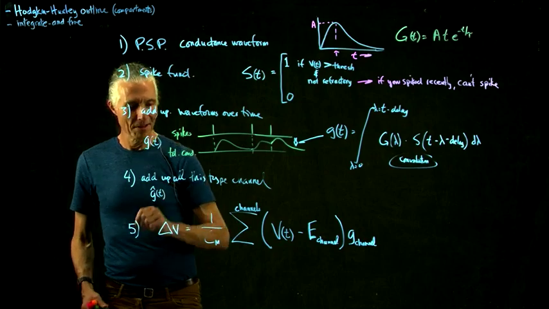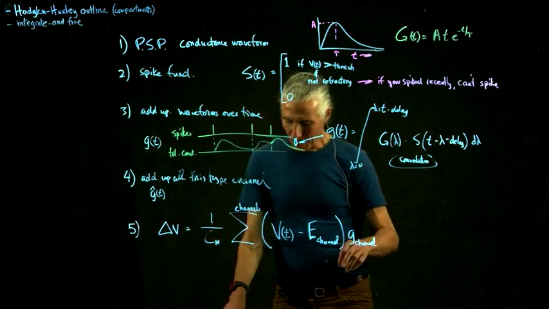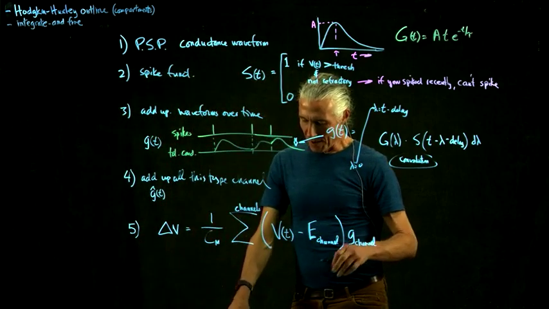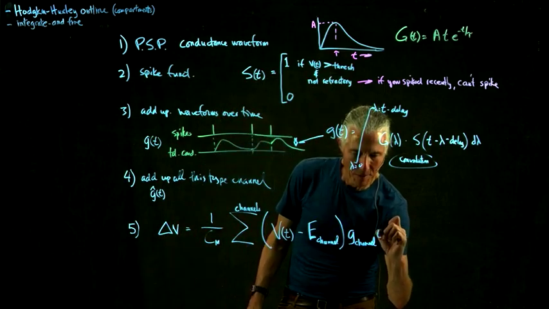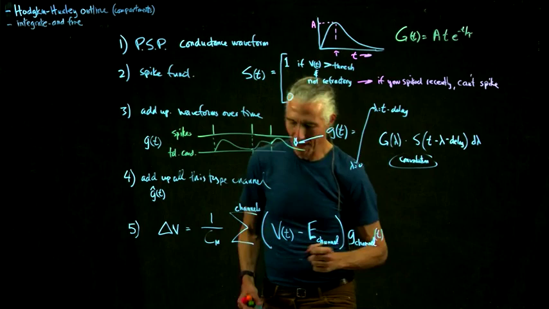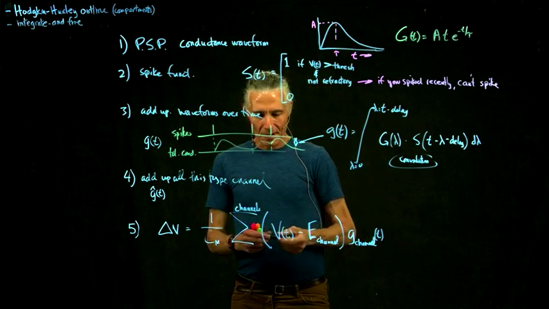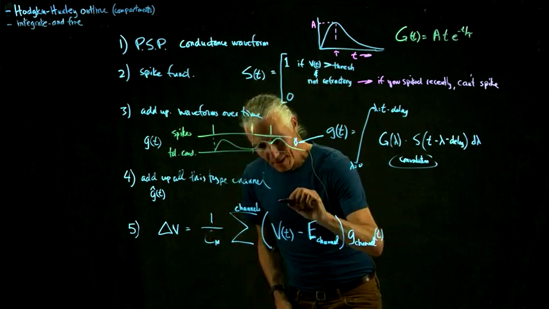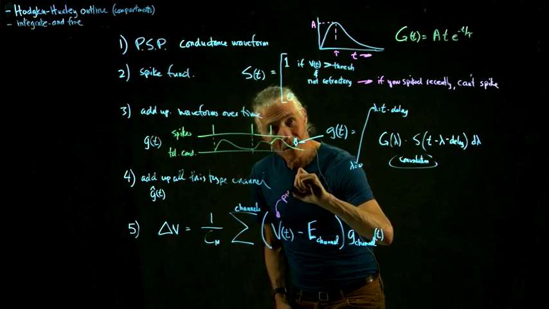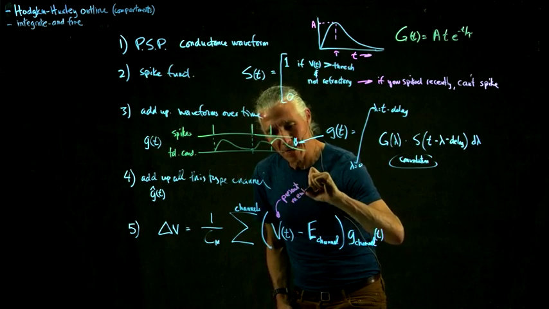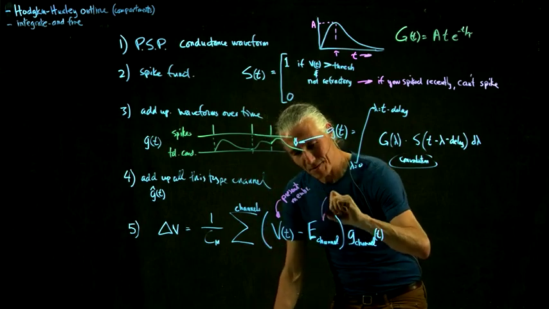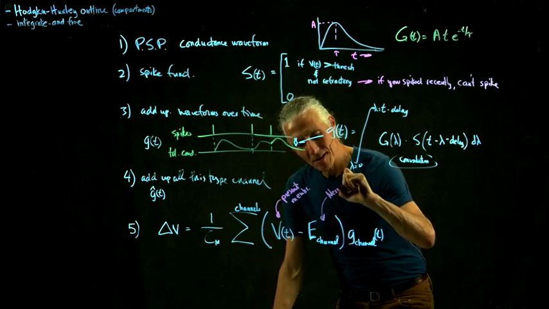Okay, so this is G at a particular point in time. And so this is the present membrane voltage. I'm working down right to the limit here, and this was Nernst.